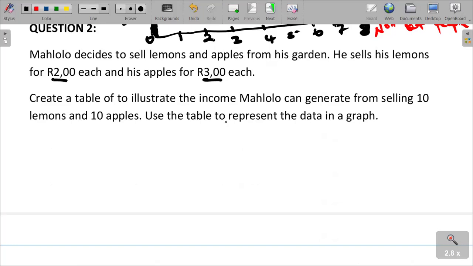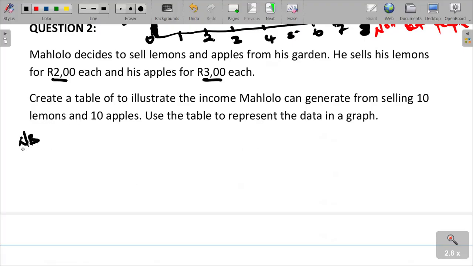This is an example of a constant difference relationship, where the income generated from the lemons and the apples will increase by a constant value the more the farmer can sell. It's an example of a constant difference relationship.